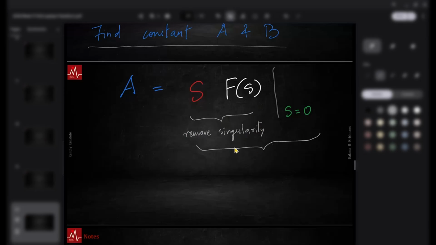Then once you remove the singularity, you can evaluate. Shraddha is saying a coefficient of A is put 1 by S, put S is 0 in place of coefficient B. Yeah, so remove singularity, evaluate it at singularity.